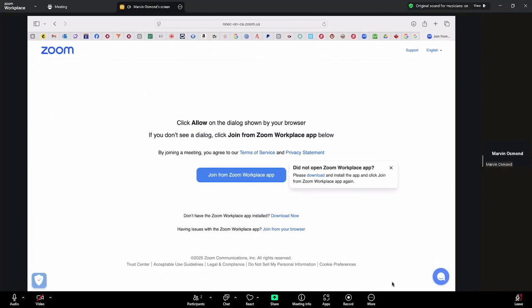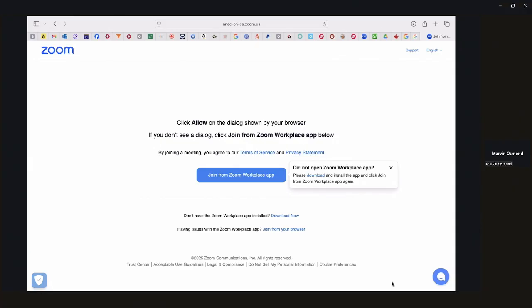So it looks like I'm sharing, but I'm not. It says your screen sharing is paused. So let's click resume and share and get the document up again.